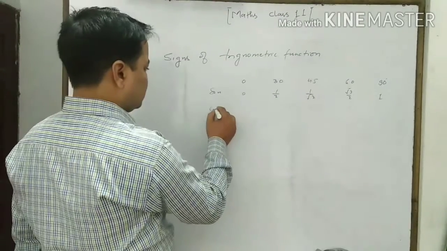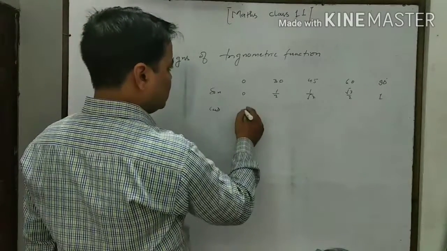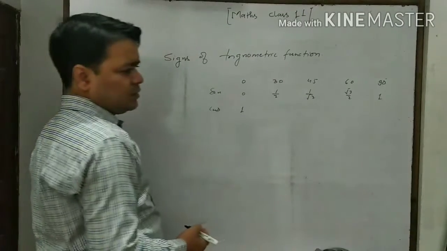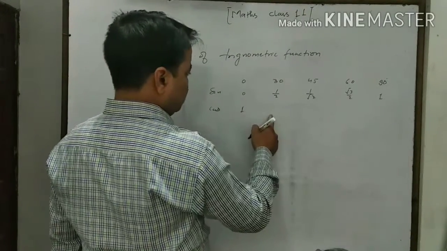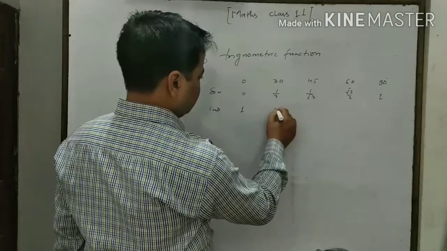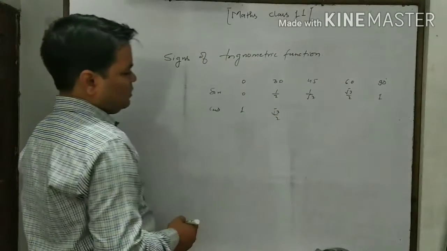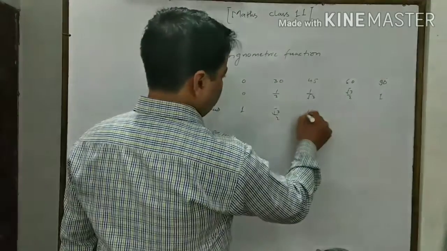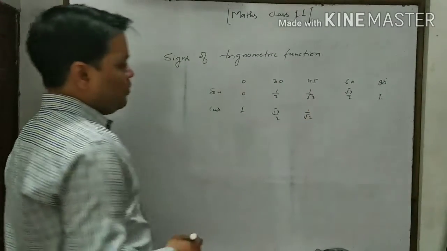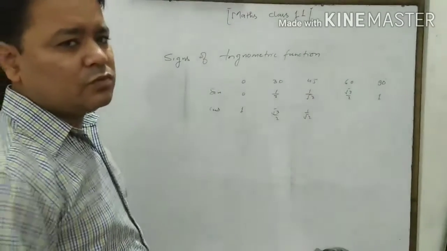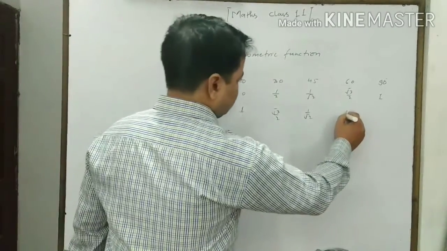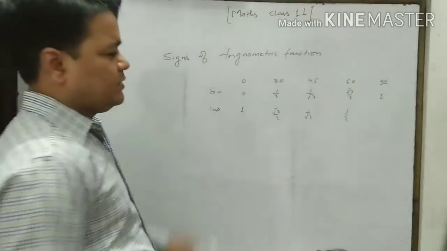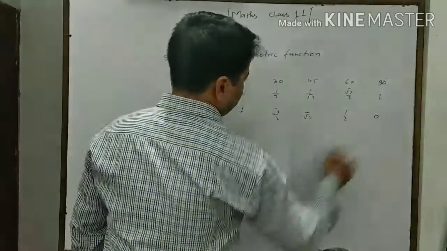Similarly here cos 0 is 1, the value of cos 0 will be sine 90, cos 30 will be sine 60, root 3 by 2. The value of cos 45 and sine 45 will be the same, 1 by root 2. The value of cos 60 will be equal to sine 30, means 1 by 2. And the value of cos 90 will be sine 0, that is 0.